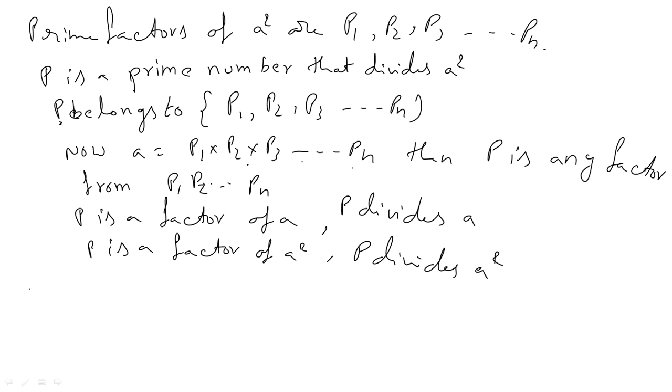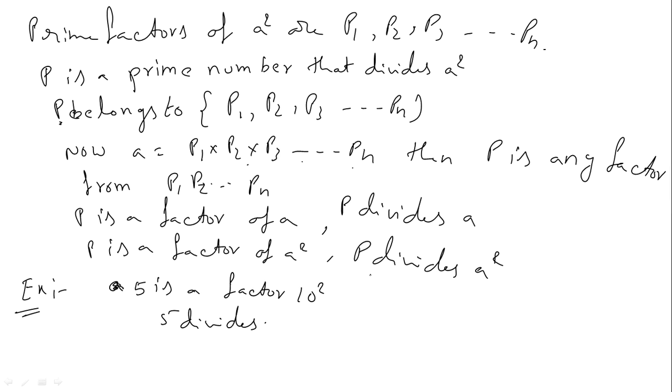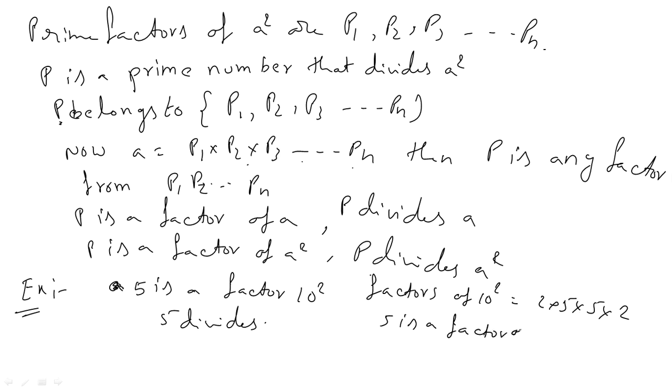Let's take an example and check it out. Example: 5 is a factor of 10 square, then 5 divides 10. Now what are the factors of 10 square? 2 into 5 into 5 into 2, which means 5 is a factor of 10 square, and 5 divides 10 square.